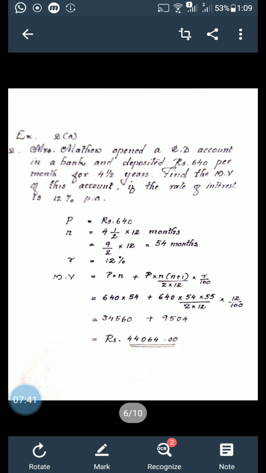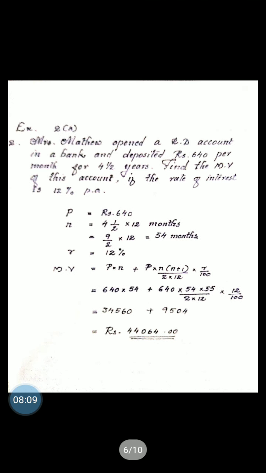Instead of N, 54. And instead of R, you can write 12. So, the next step is 640 into 54 plus 640 into 54 into N plus 1, that is 54 plus 1, that is 55, divided by 2 into 12 into 12 by 100.